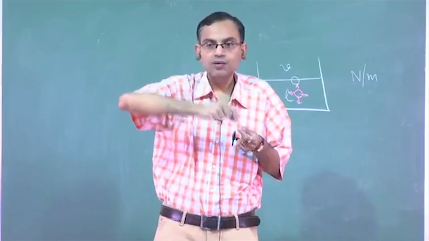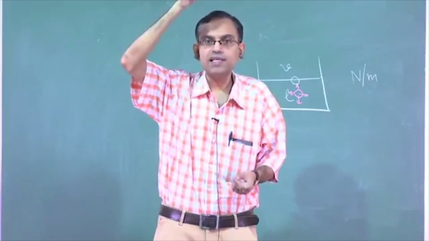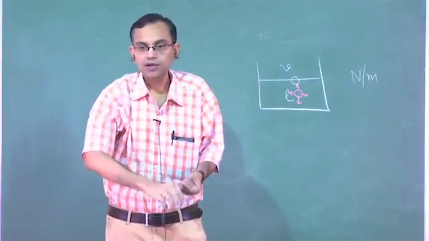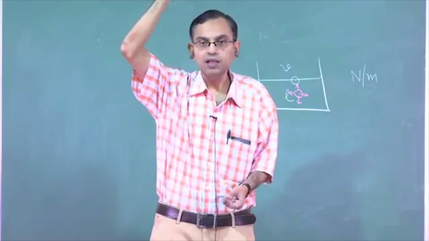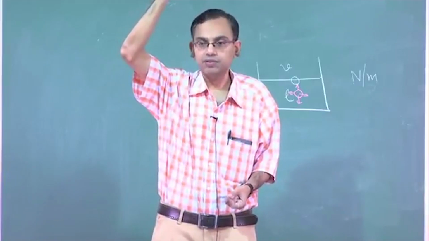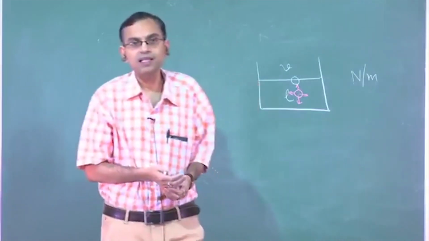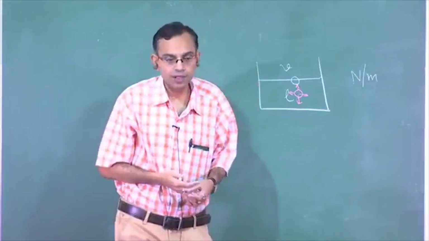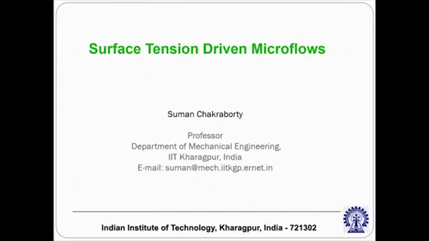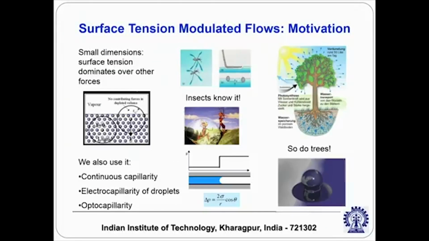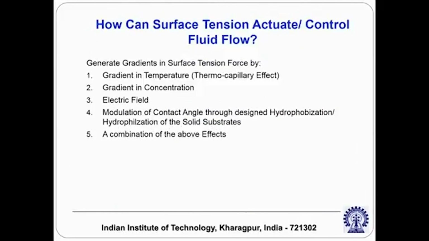This movement of water, which is called the ascent of sap from the ground to the topmost level, is because of the capillary effect, which is nothing but a surface tension driven flow. We will understand in this lecture how that is possible and how that can be applied in microfluidics, but given the significant volume of contents, I will try to go through this using the slides.